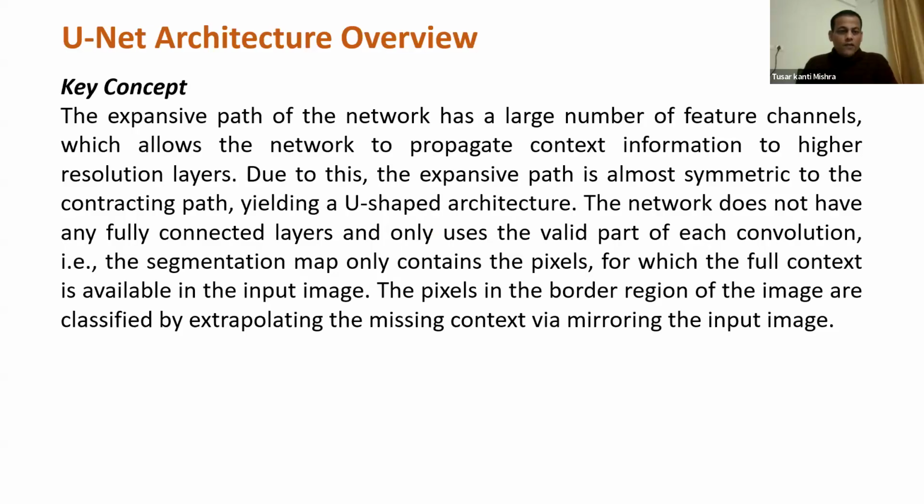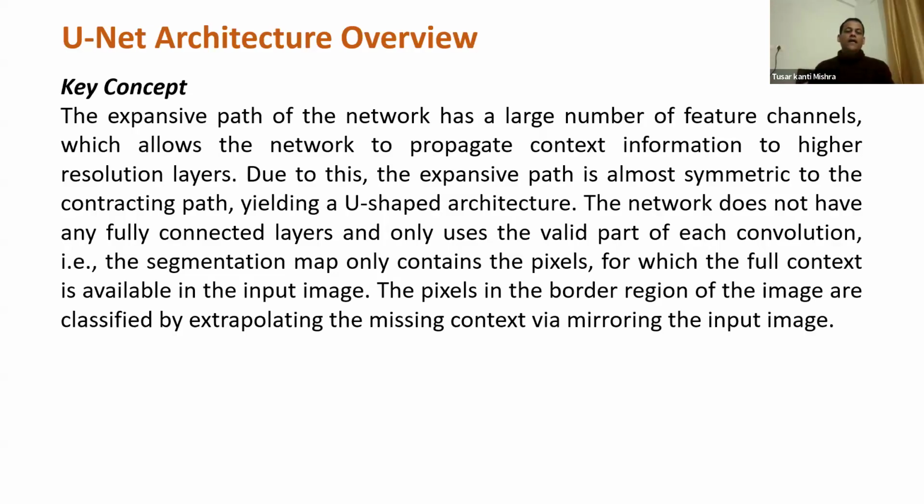So pixel information is not lost. Because of this, the expansive path is almost symmetric to the initial contracting path, just after the input image. So this is how it gives us a U-shaped architecture, and that's why it's called UNET.